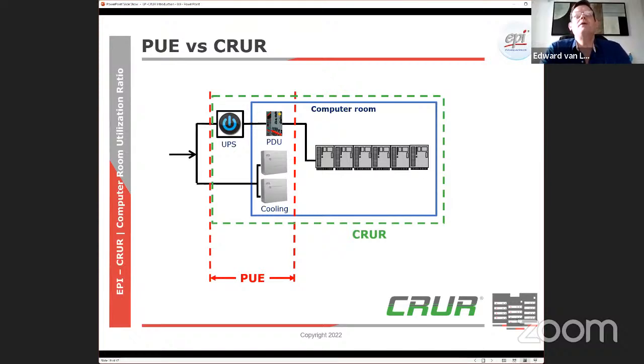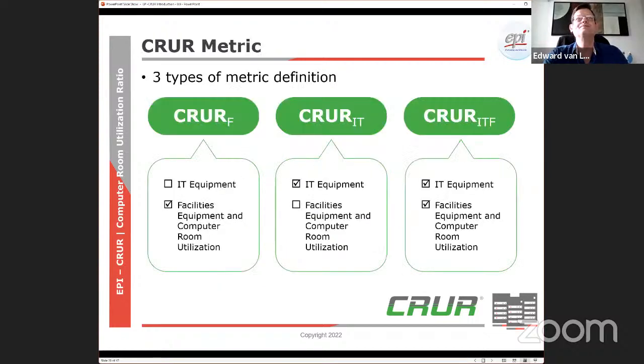So we're only measuring the efficiency of the UPS and the cooling systems. We don't address anything inside the computer room itself. So CRUR, as you see, will take care of the computer room, the cooling, as well as the UPS. So we won't be looking at generators and chillers upstairs, etc. We really relate it directly to the computer room and its supporting facility.